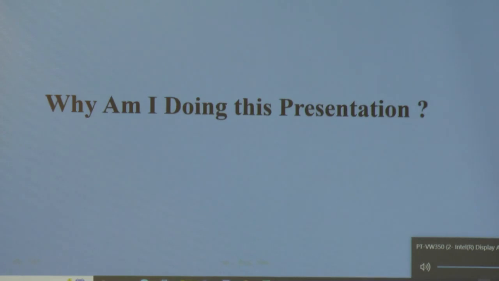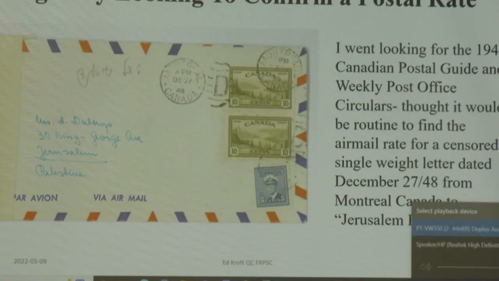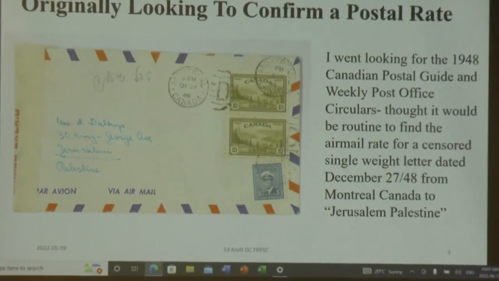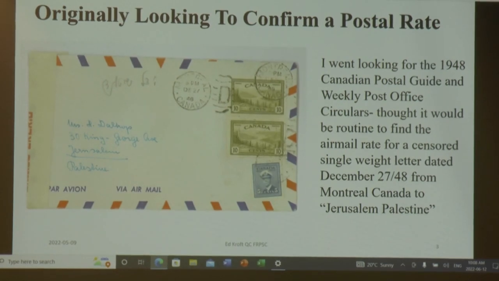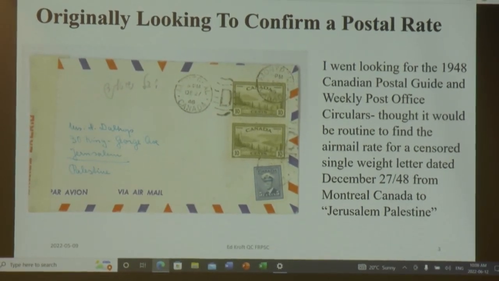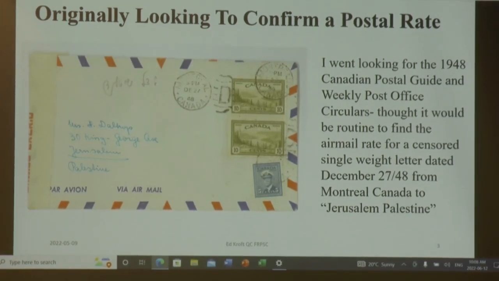Why am I doing this presentation, as some people have asked me? Well, I started off on a very innocent basis, trying to do some postal history work, and you'll see an envelope in front of you that's postmarked December 27th, 1948, out of Montreal, Canada, and it refers to an addressee, Mrs. Daltrop, likely a relative of the renowned family lawyer in Vancouver, Paul Daltrop.